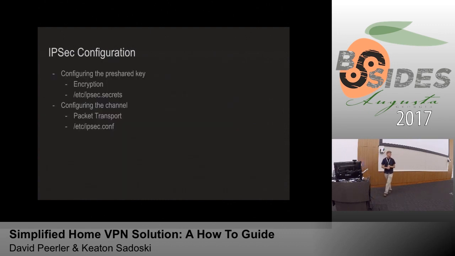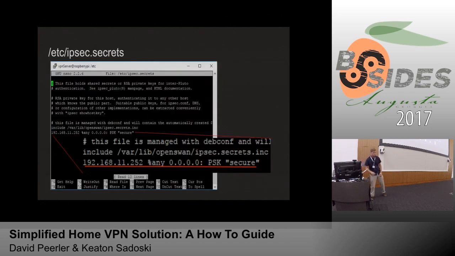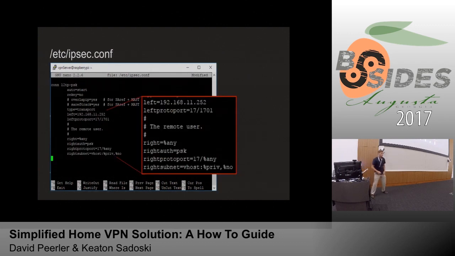Next we're going to configure the channel that the packets are going to go through. We're going to do that in /etc/ipsec.conf. In this configuration file, you're going to start declaring a left and a right side. As far as VPNs are concerned, it's just a logical designation: left side is my server, right side is my client. For left, we have the same IP as before for the server, 11.2.52.